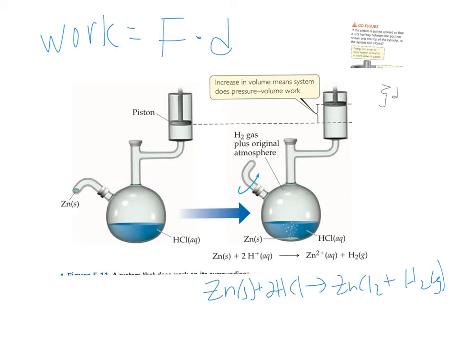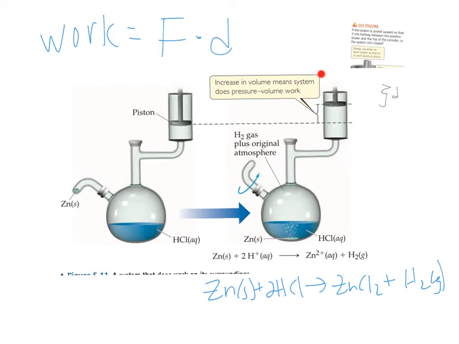And when the gas is created, it has more volume, gas expands, and so it will go up here and push this piston up. So we're going to look up at this little measuring system. An increase in volume means the system, whatever's inside here, is doing some work. It's pushing this piston up.